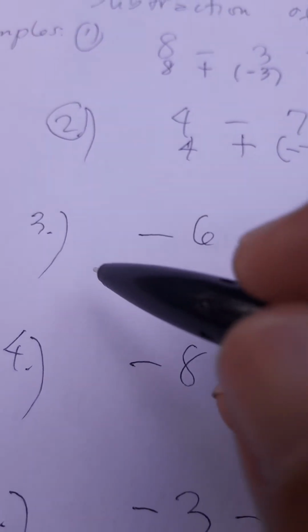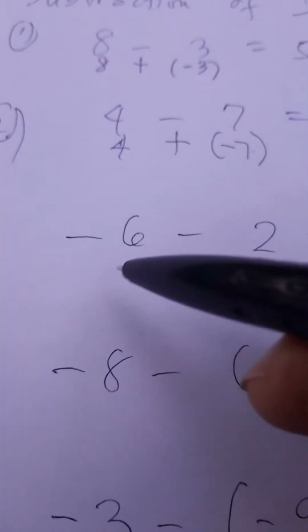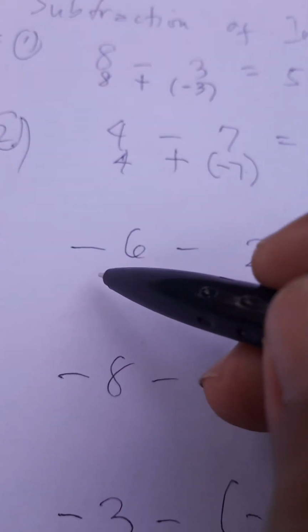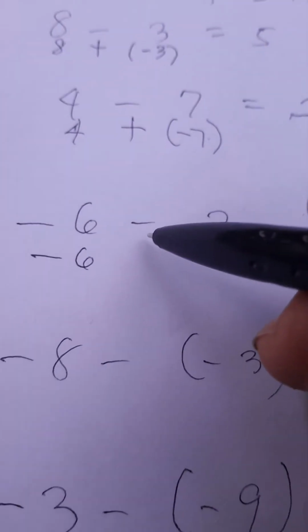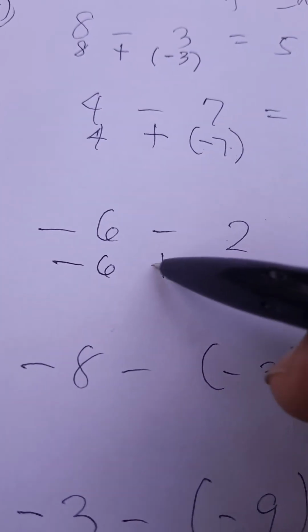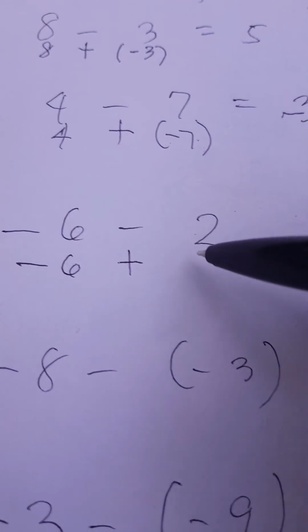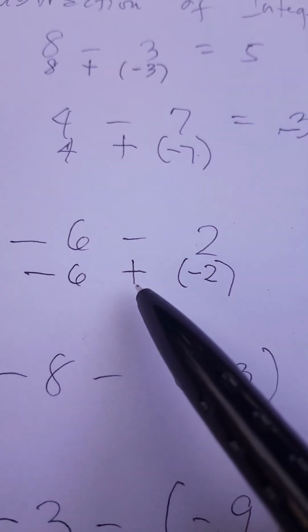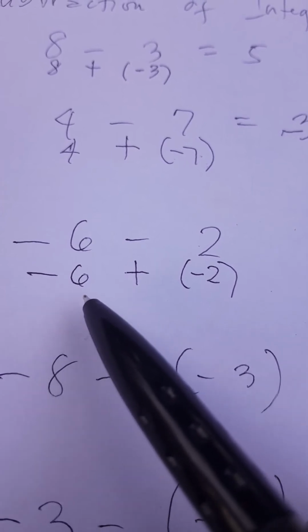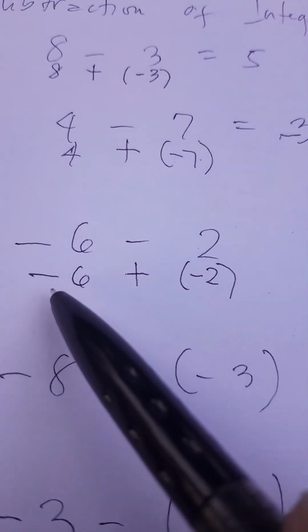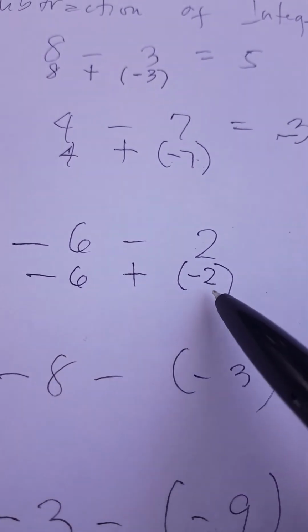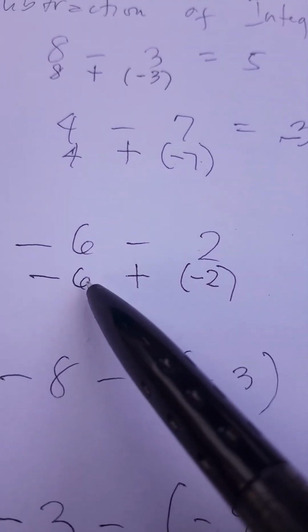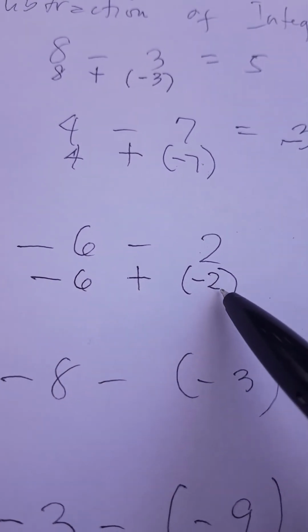Now let's have number 3. Okay, step 1, keep, change, change. So keep negative 6. Change subtraction to addition. Change positive 2 into negative 2. And then we will follow the addition rule now. So step 2, rule on the absolute values. Since the integers have the same sign, we have to add the absolute values, the numbers 6 and 2.